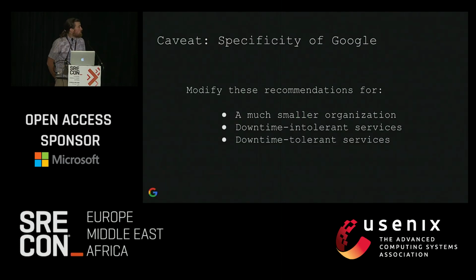And one caveat that I would add is Google is a bit specific in some ways. It's a very large organization. You can modify these recommendations for a smaller organization. We're very focused in hosted services. We're pretty intolerant to downtime for almost all our services at this point.